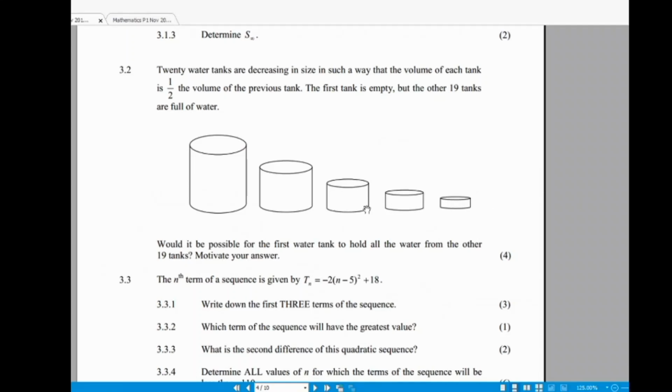So let x be the volume of the first tank.